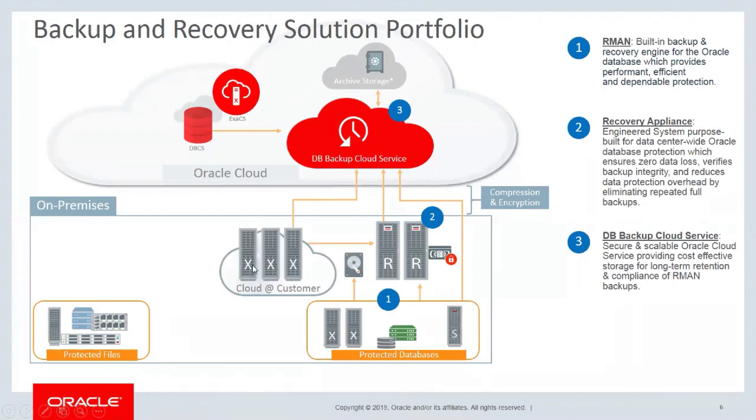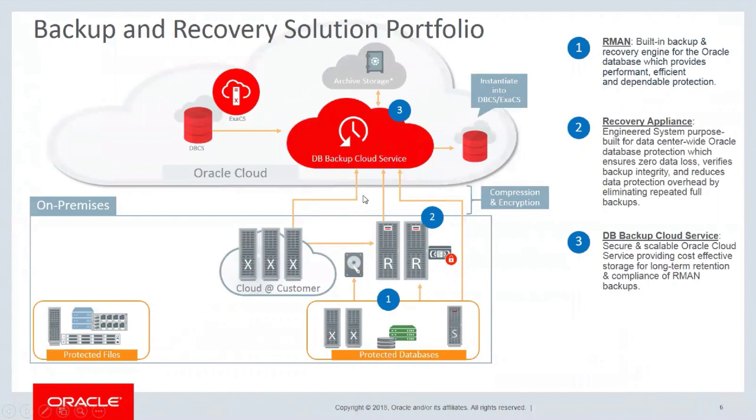Cloud at Customer similarly can be backed up to the Recovery Appliance or directly to the Database Backup Cloud Service, or inside the local object storage that can be purchased with Cloud at Customer solutions. The advantage of this type of approach is that all these backups are in native RMAN format.